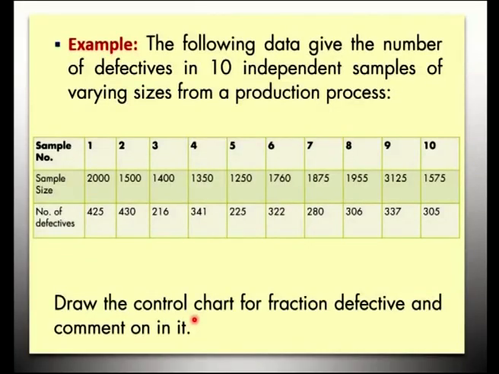The next example is number of defectives for varying sample sizes. In the previous problem, we saw the number of defectives for samples of the same size. Here the sample size differs with the sample numbers. Okay. So, the following data give the number of defectives in 10 independent samples. Number of samples given is 10, so k is equal to 10.